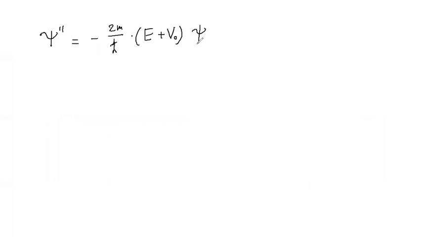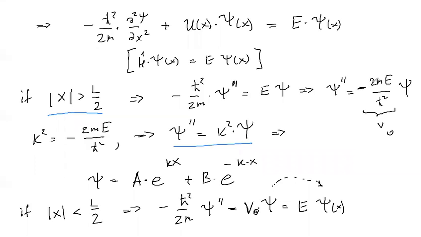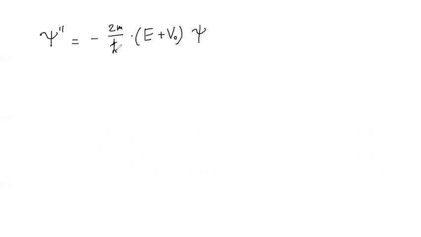So the only difference between inside and outside is this extra contribution from the potential. This is minus 2m over h bar squared, my mistake, times E plus V naught.